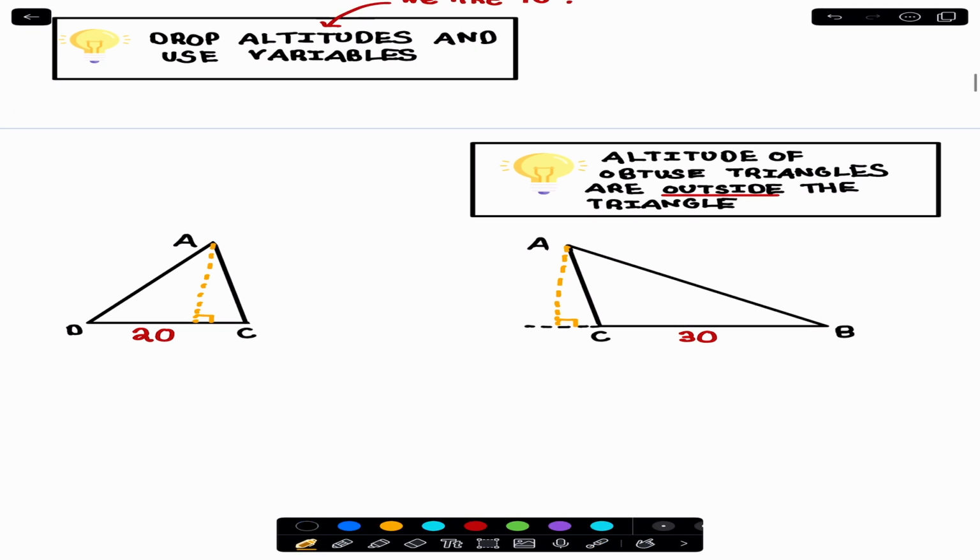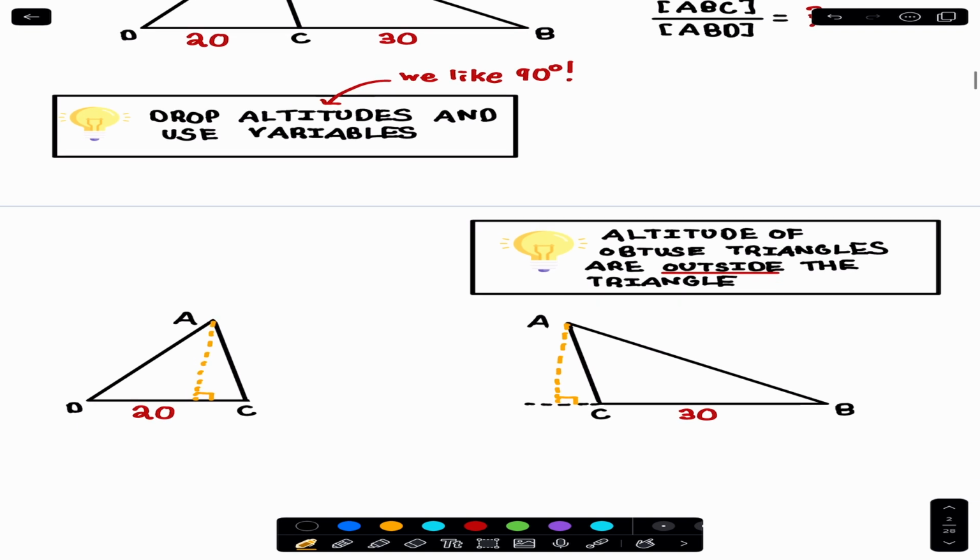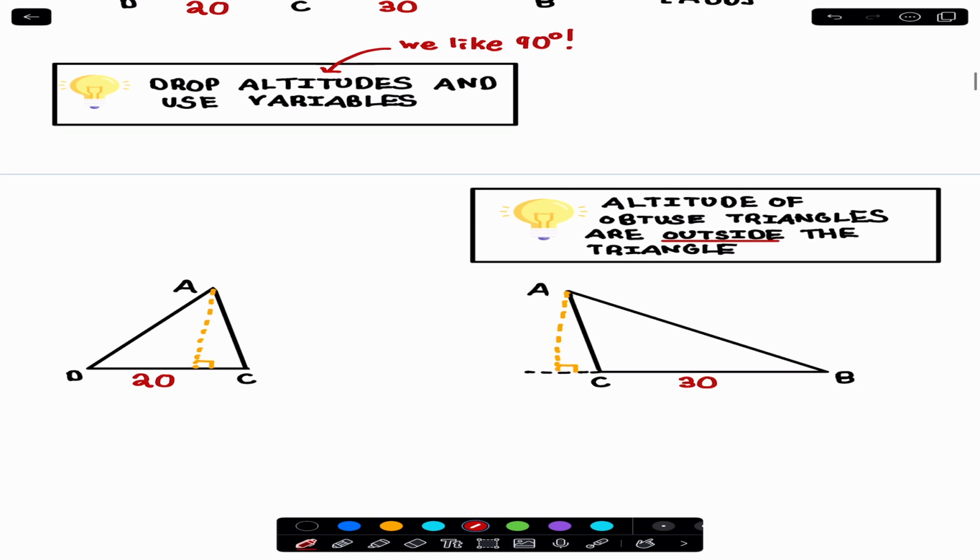Now we can't forget the second part of our handy little hint over here. It says to use variables. So let's go ahead and call this height h. H for height. Now, what about this height over here? Should we go ahead and call it a different letter like M or N?